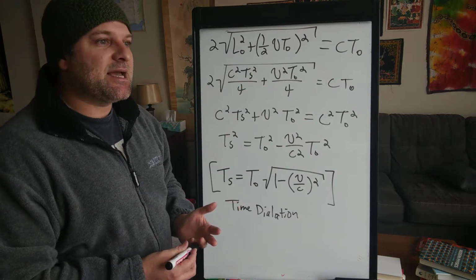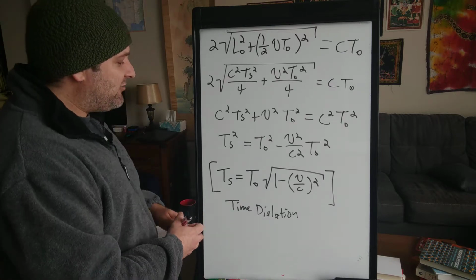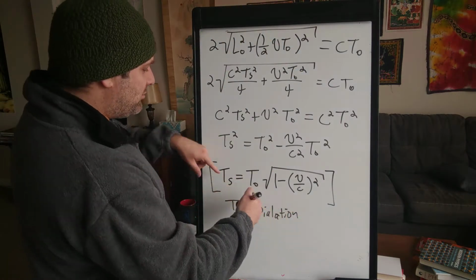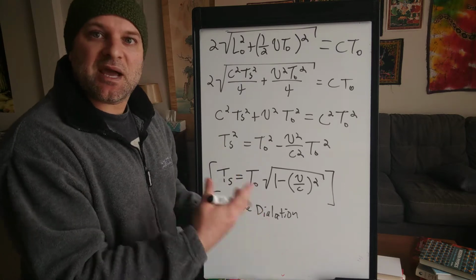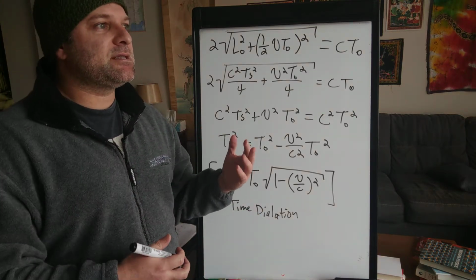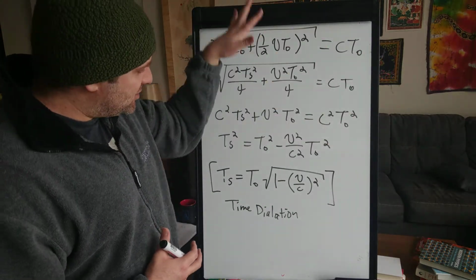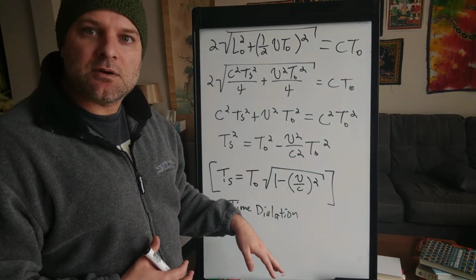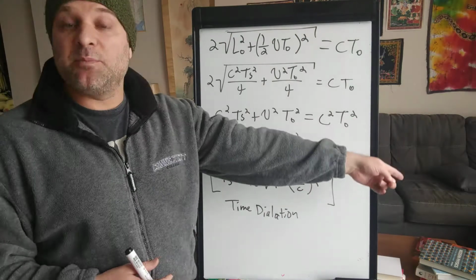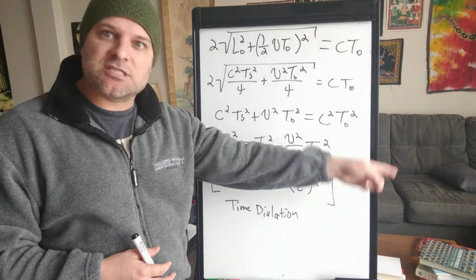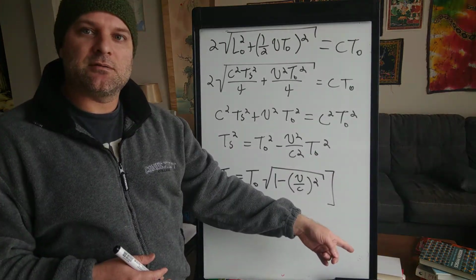So if I did this whole analysis but switched the perspectives, now I imagine that I'm on this spaceship, I see a person on the Earth zooming past, I could do the same exact calculation, and it would look to me on my spaceship like everything was going slower on the Earth.